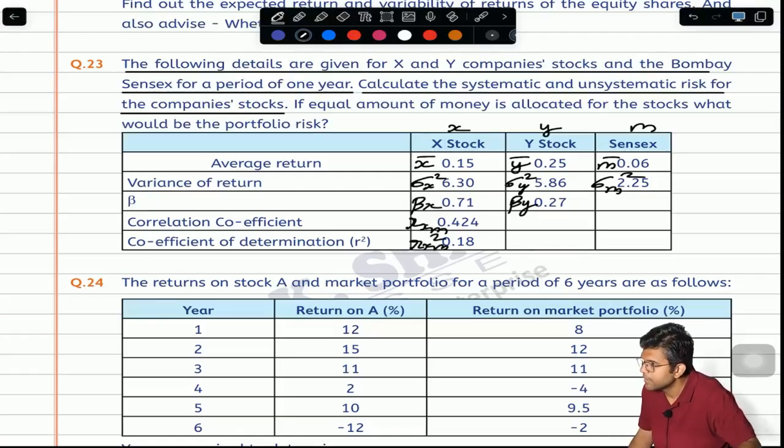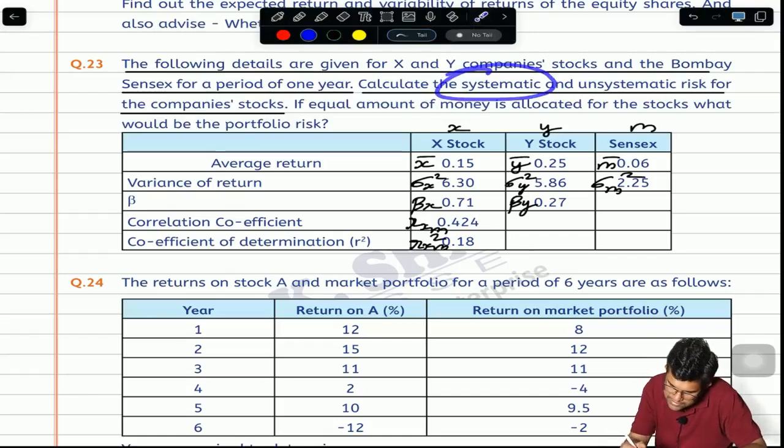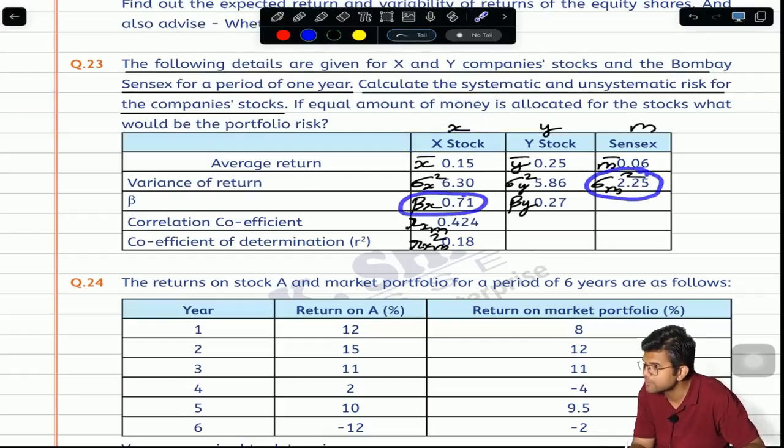Okay. Now, to calculate systematic risk for X, can I say it will be beta square into sigma M square? Check please. Beta X square into sigma M square. That is systematic risk.